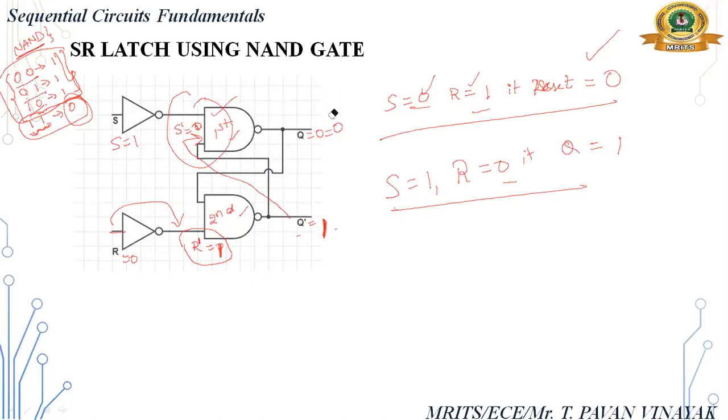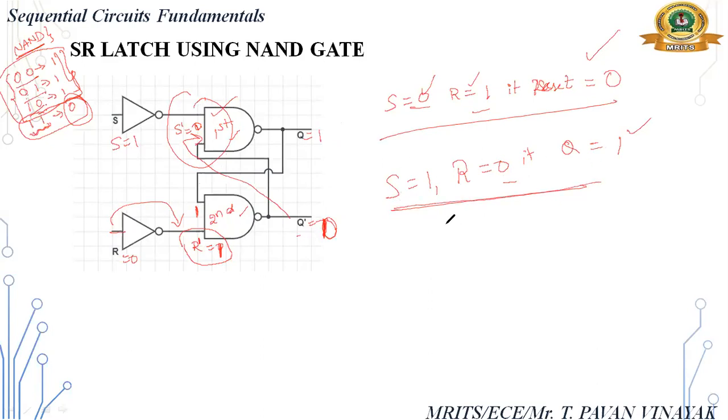So Q is 1, which means 1 1 for the second NAND gate. Both inputs are 1, so Q bar is 0. So we satisfied this condition also.